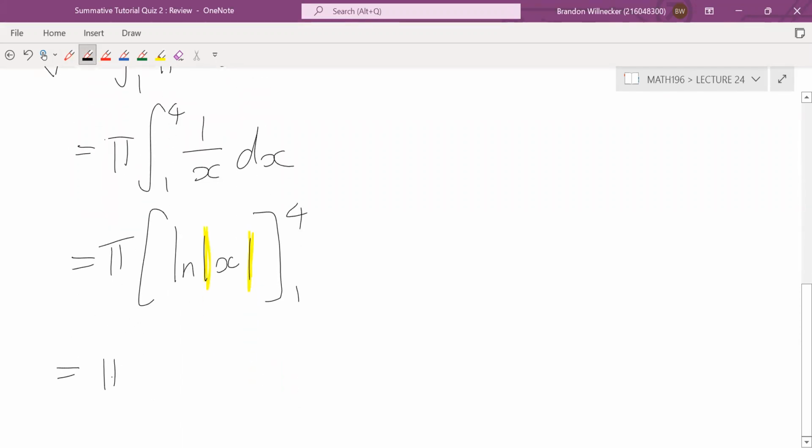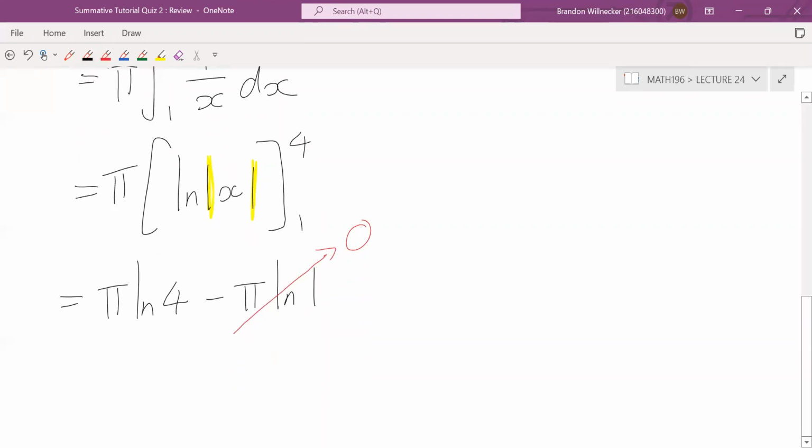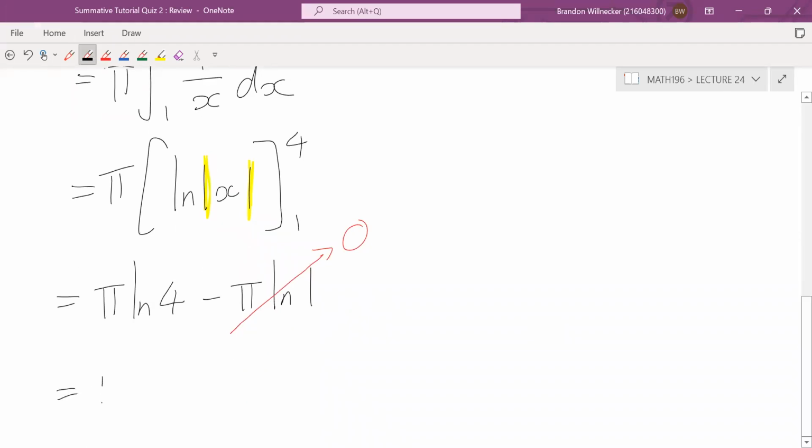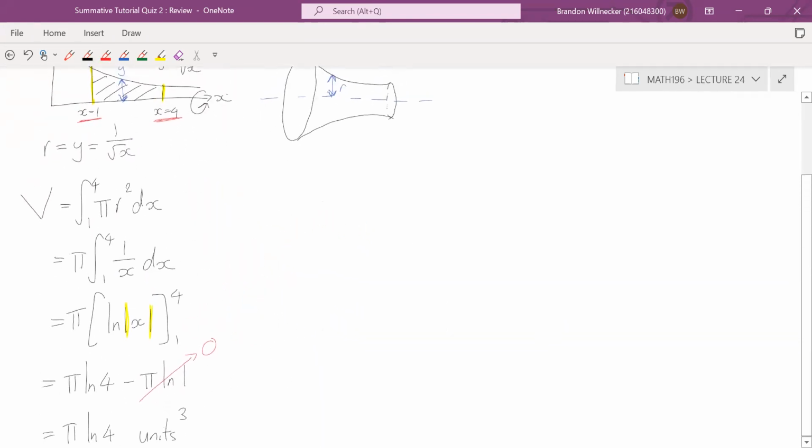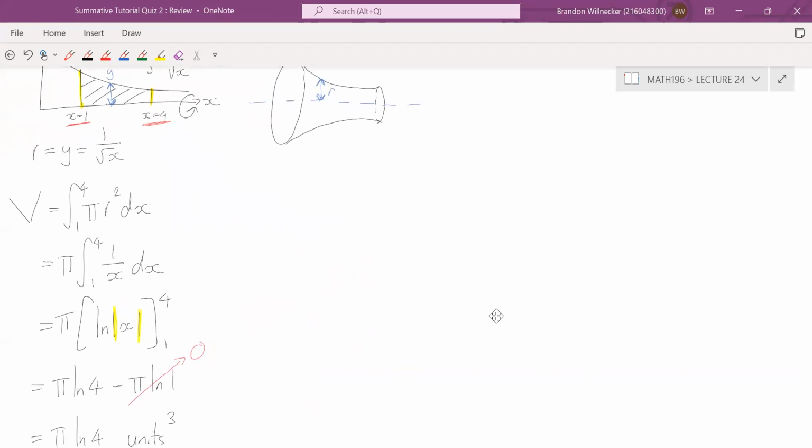So we end up with pi natural log of 4 minus pi natural log of 1. But the natural log of 1 is 0, so that goes away. So we're left with pi natural log of 4 units cubed. That's how we found the volume given this curve.